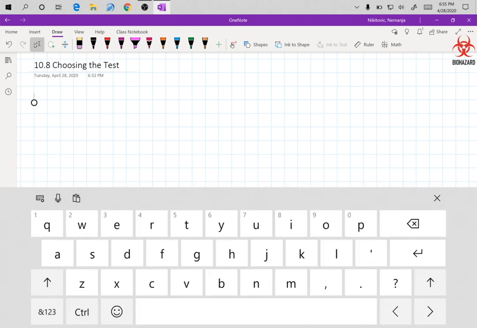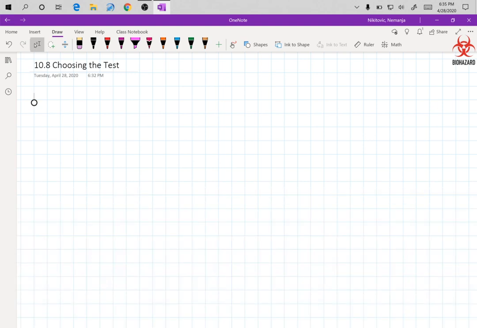Hello and welcome back to Calculus 2 section 10.8 on choosing the test. We learned 10 tests, and those 10 tests have rules, right? And you can, in some cases, use multiple tests to solve a problem.